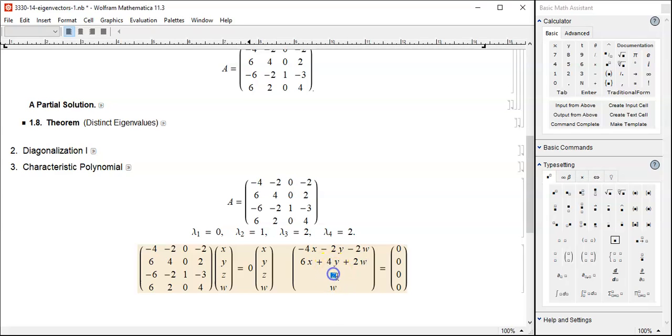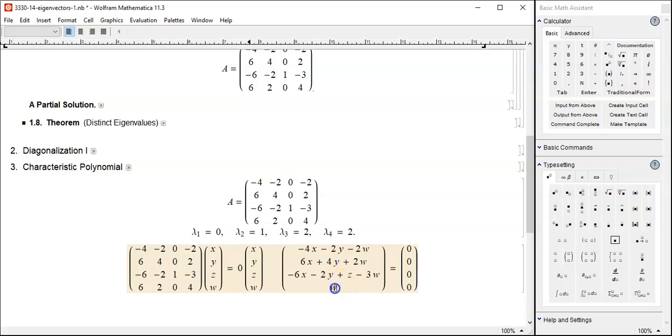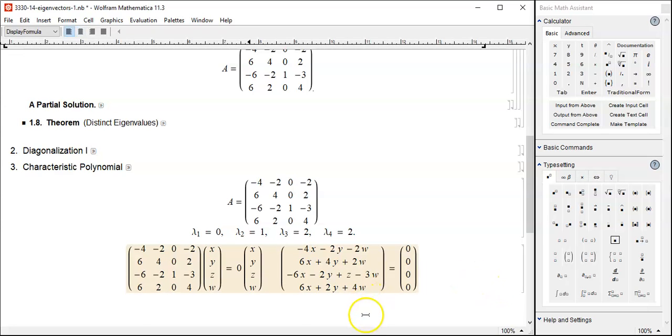And how about this one? Negative 6x minus 2y plus 1z minus 3w equal to 0. 6x plus 2y plus 0z plus 4w is equal to 0. That's what we get from this.